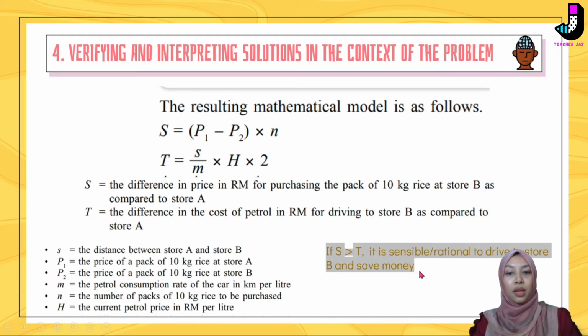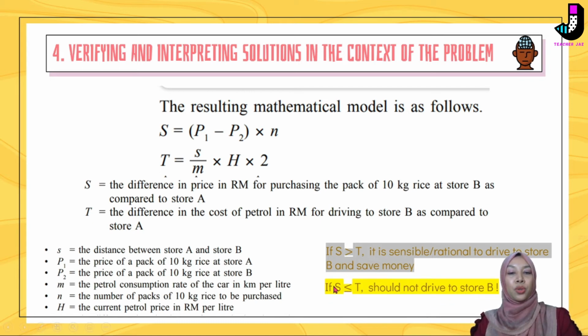Means berbaloi lah. Yang tadi boleh jimat tu bila kita bandingkan harga beras. Okay, kalau dia lebih besar berbanding dengan kos petrol, so it is rational to drive to store B and save money. But if S is less or equals to T, it is not worth it to drive to store B.